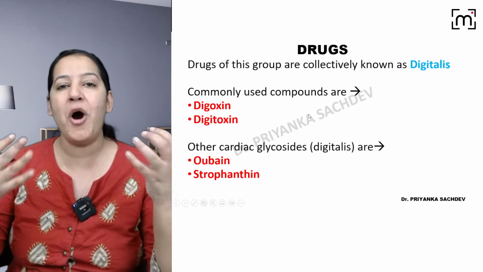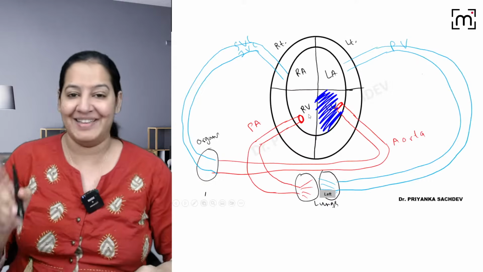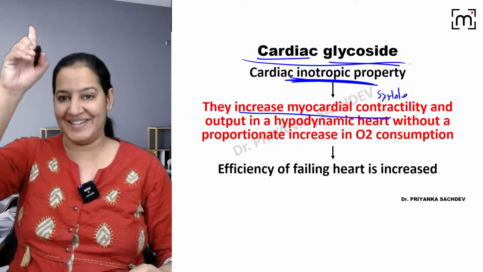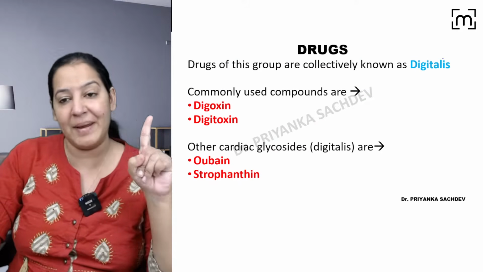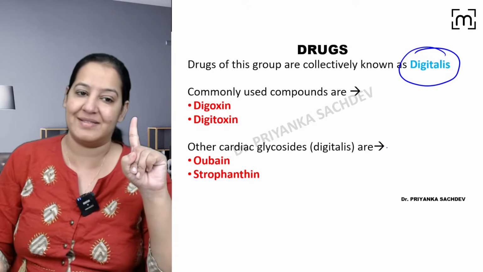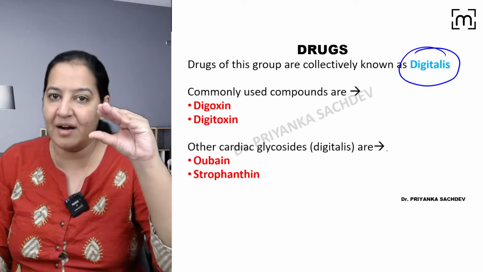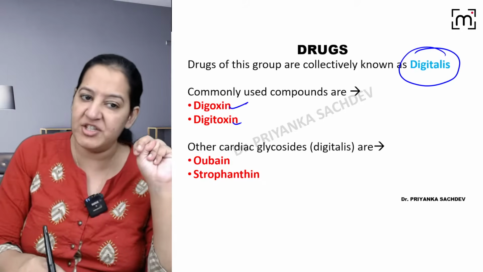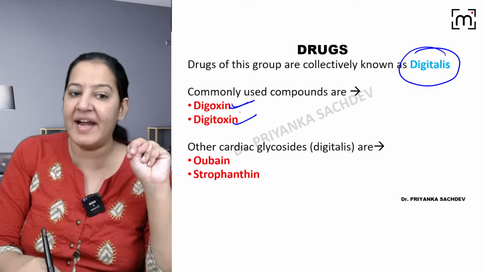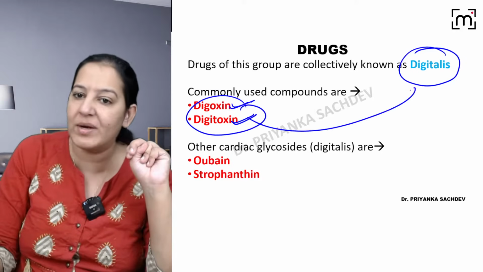Let me tell you how many drugs are there in this category. The name of the category is cardiac glycoside. The main drug is Digitalis. Digitalis is the umbrella term used for two drugs, Digoxin and Digitoxin, both together known as Digitalis.